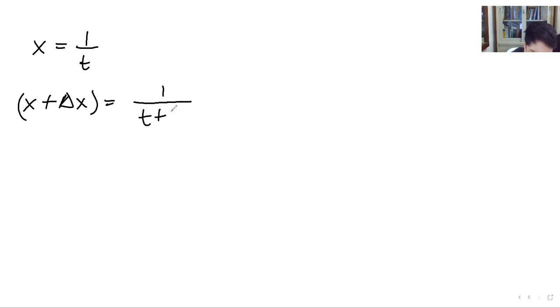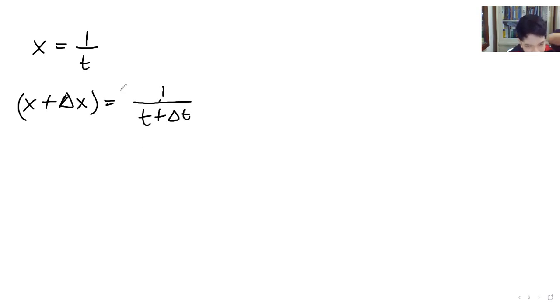So x is equal to 1 over t. Instead of the familiar y plus delta y, we'll still add the delta: x plus delta x equals 1 over t plus delta t.